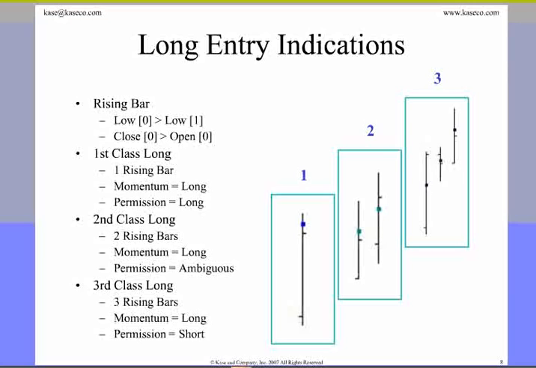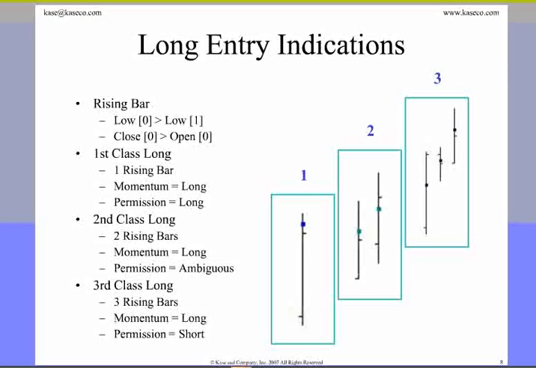In case 1, first class long, all you need to go long on the crossover is a rising bar. A rising bar is one where the low is higher than the previous low and the close is higher than the open. That's all you need to go long when your momentum indicators are long and your permission is long.